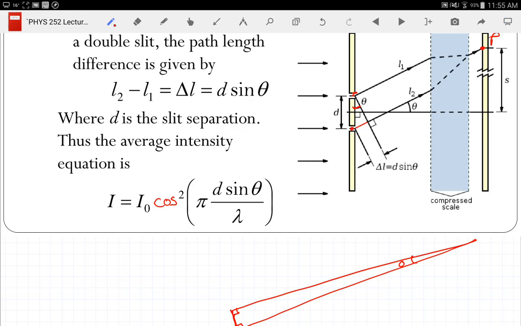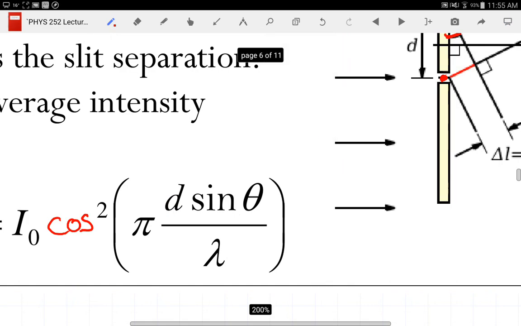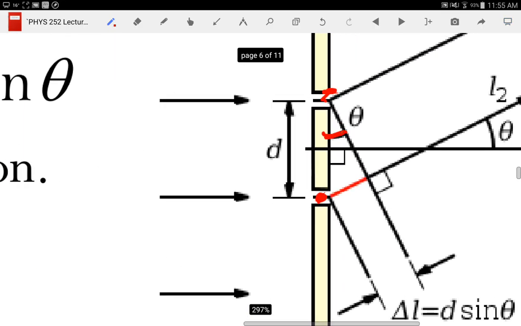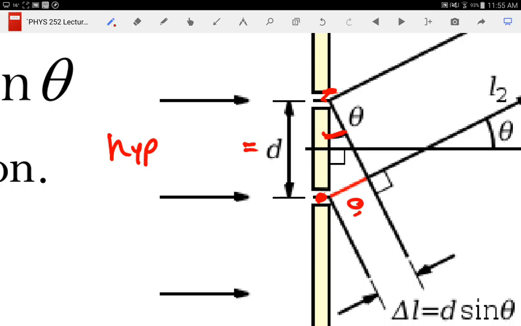Which side of this triangle is D? Of this triangle right here, which side is D? It's the hypotenuse. So D is equal to the hypotenuse. And then this side here that we're looking for, which side is that? Opposite. And so our delta L is the opposite.